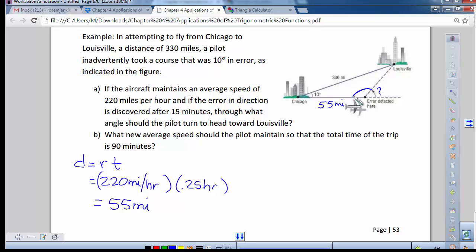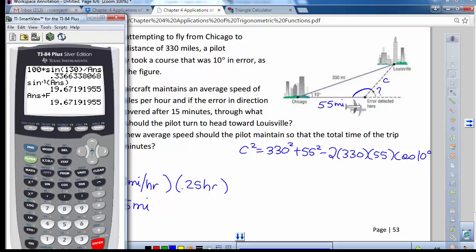Let's call this little c, since it's opposite Chicago. So I can say c squared equals 330 squared plus 55 squared minus 2 times 330 times 55 cosine 10 degrees. Okay, we'll do that on the calculator.